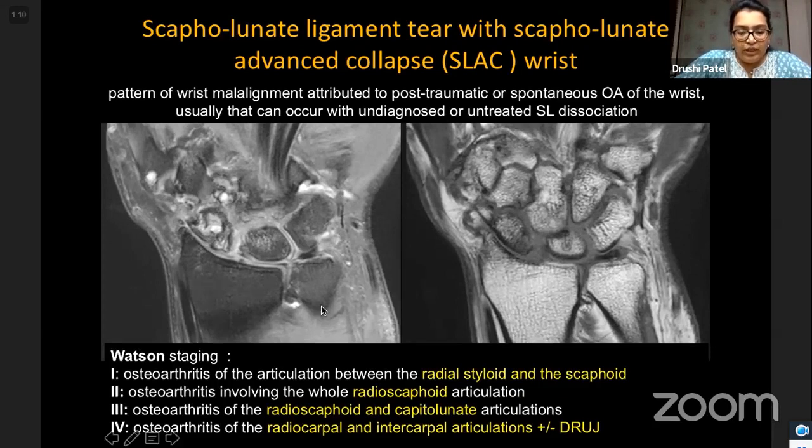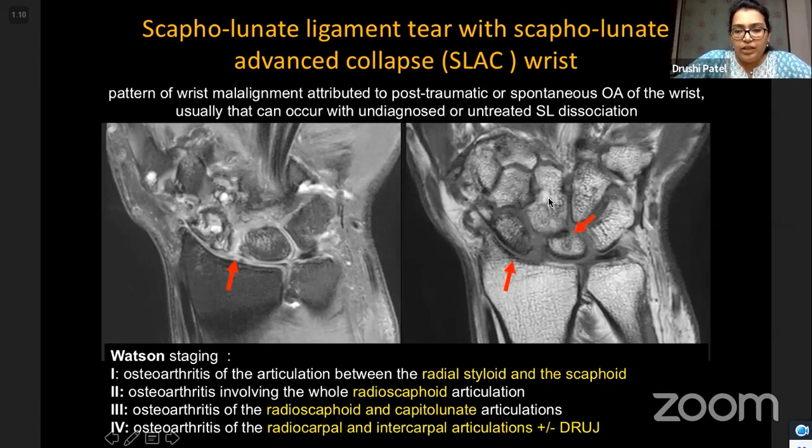It starts usually with the cartilage abnormality. It begins at the level of the radial styloid and the scaphoid. So you have to look at this cartilage. When you look at the scapholunate ligament tear and dissociation, you start looking at the cartilage as well, to see what all joints are involved. Later on, the whole of the radioscaphoid articulation is involved.